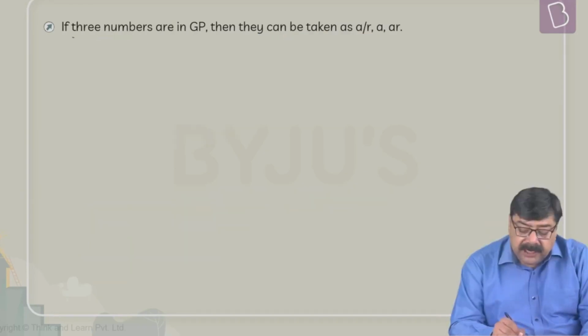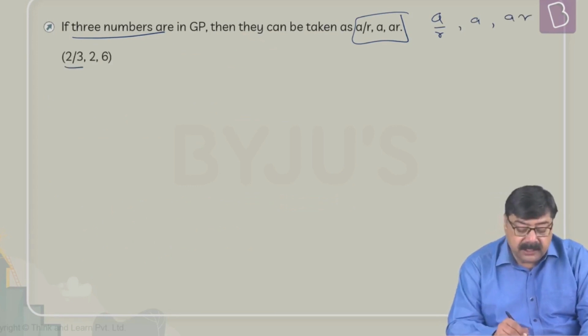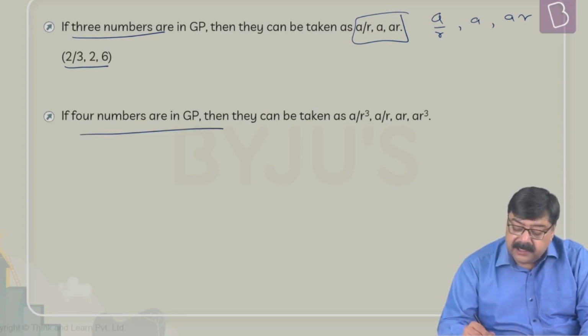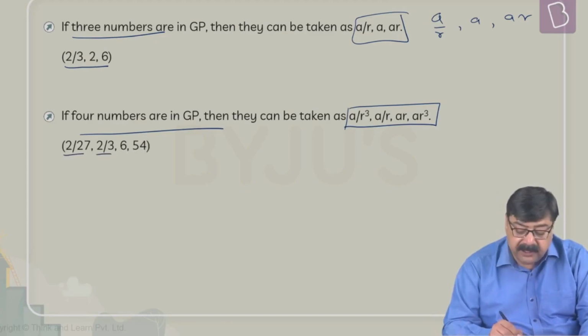Now the three numbers in a GP can be written as a by r, a and ar, like 2 by 3, 2 and 6. If there are four numbers, then they can be written as a by r cube, a by r, ar and ar cube. That is 2 by 27, 2 by 3, 6 and 54. Thus multiplying with 9 each time.